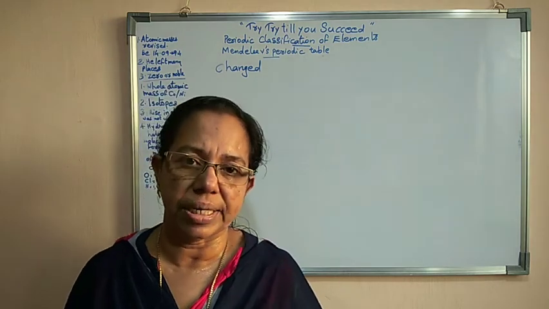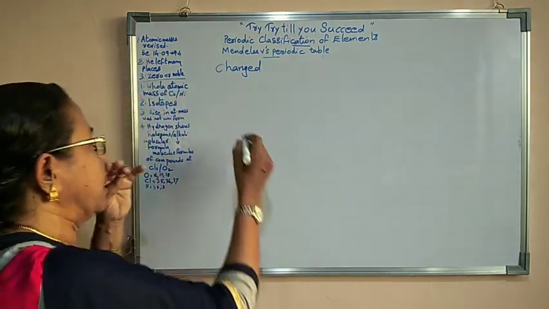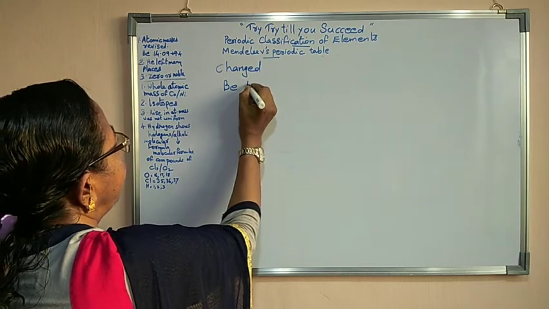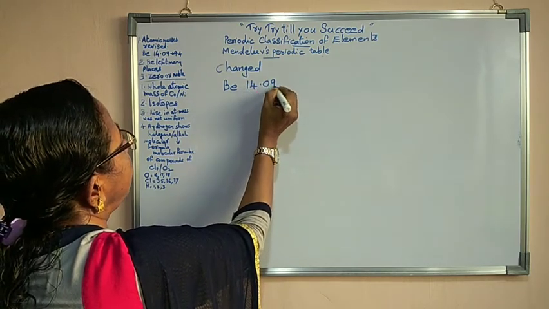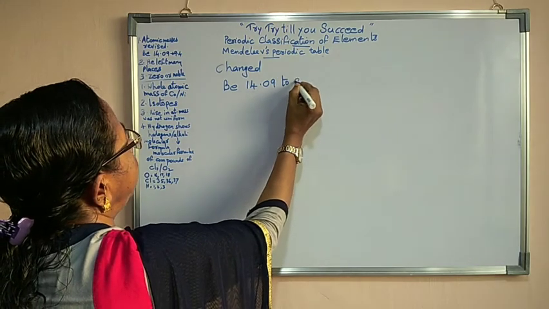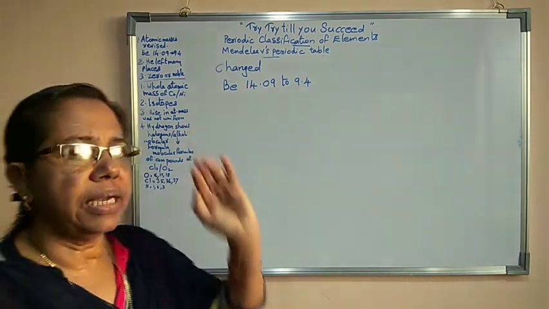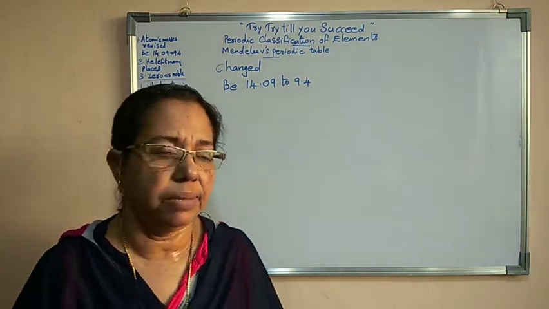One example we are going to study is beryllium. Its atomic mass changed from 14.09 to 9.4 for putting beryllium properly in his periodic table.